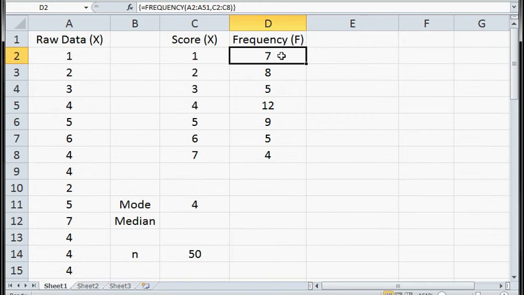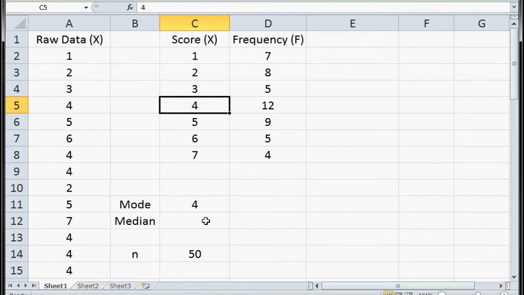The point at which we reach 0 will be our median score. So, starting from 25, 25 minus 7 equals 18. 18 minus 8 equals 10. 10 minus 5 equals 5. 5 minus 12 hits 0 and goes beyond it. But the point at which we hit 0 is our median score. Therefore, we know our median score is 4. We'll go ahead and enter that value here.